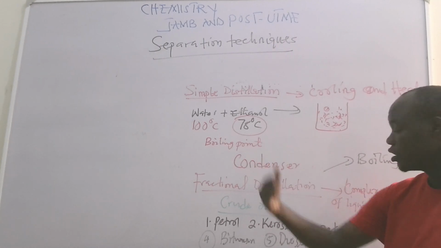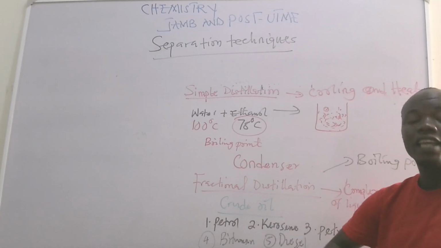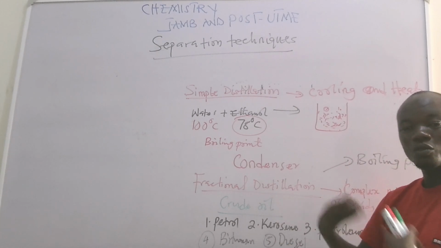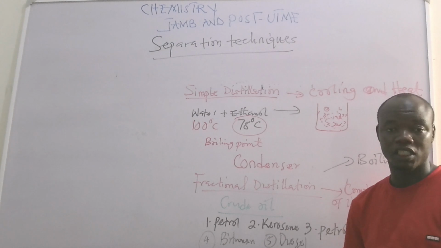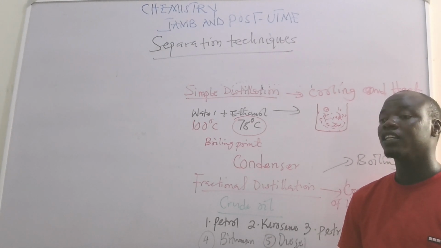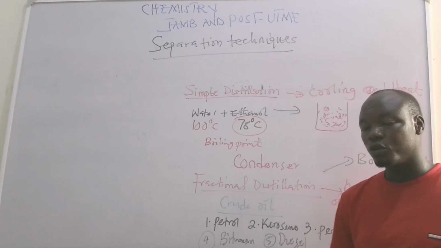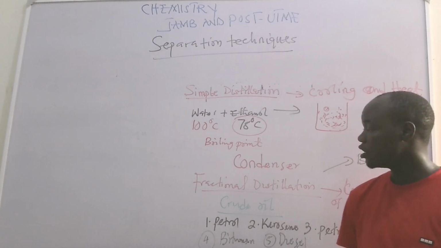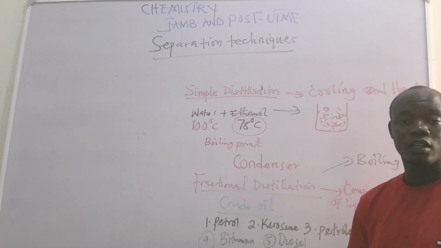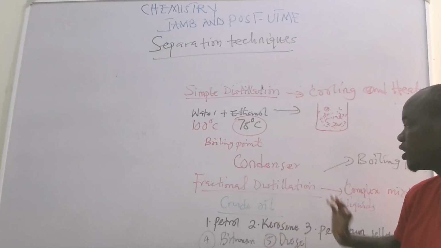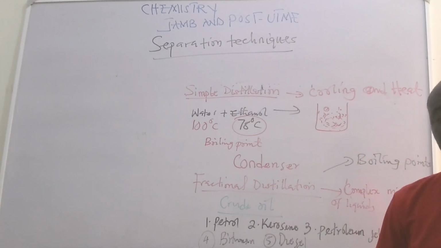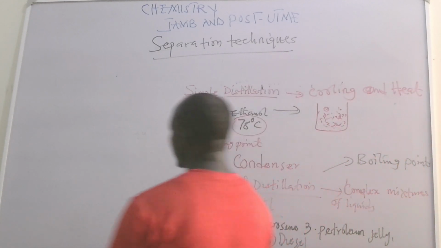Then petroleum jelly, bitumen. Visualize how it continues. So fractional distillation is used to separate a complex mixture that contains so many liquids based on their boiling points. So that is simple distillation and fractional distillation. So the next thing is magnetic separation.